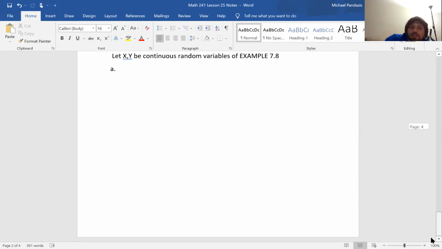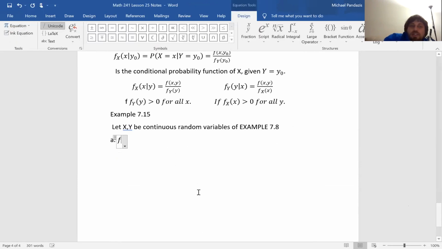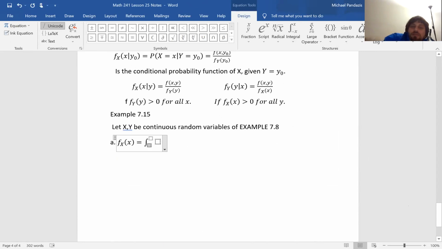Okay, so let's go back here. So for A, we have f sub capital X of x, which is equal to the integral from negative infinity of f of x comma y dy.